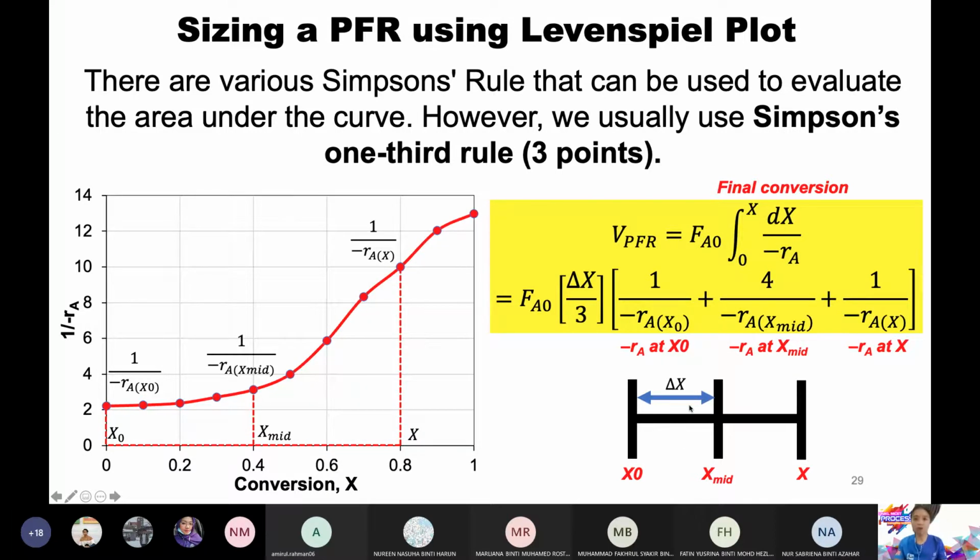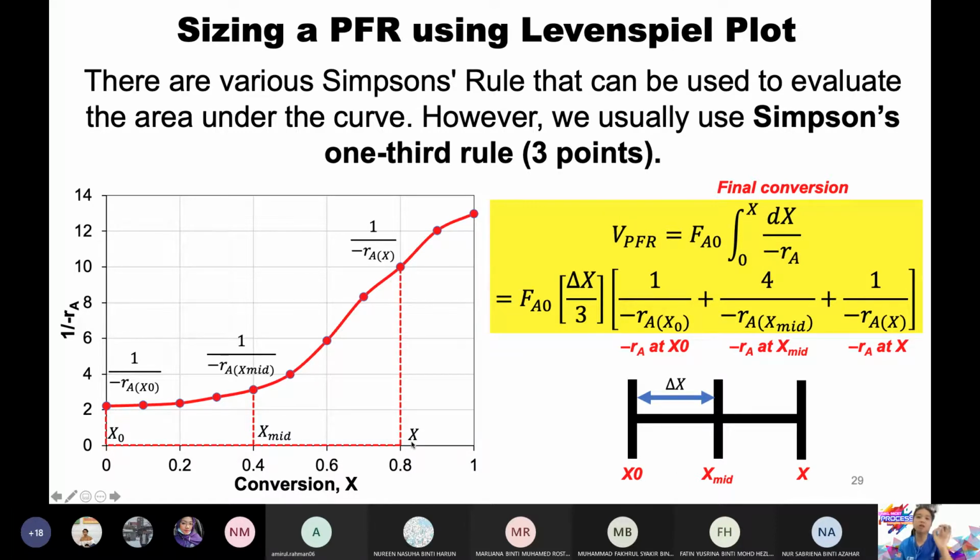Delta X 0.4. Depan belakang pun 0.4. Mungkin kamu kata bukan sama dengan middle X ke? When it is the case of single reactor and kamu punya permulaan start dengan 0, it is correct. Gap tu sama dengan nilai middle X. It is correct bila it involves single CSTR dan kamu bermula dengan X 0.